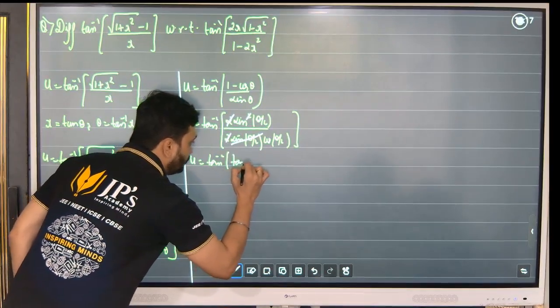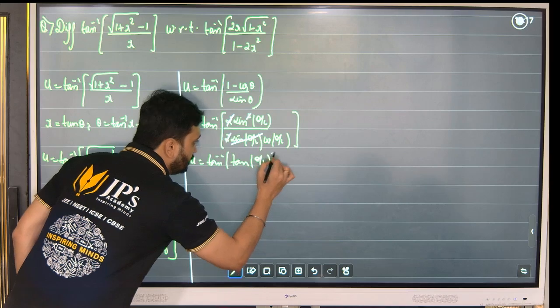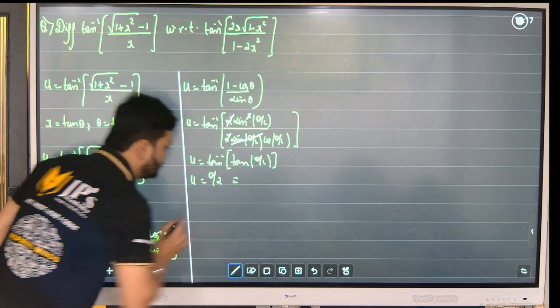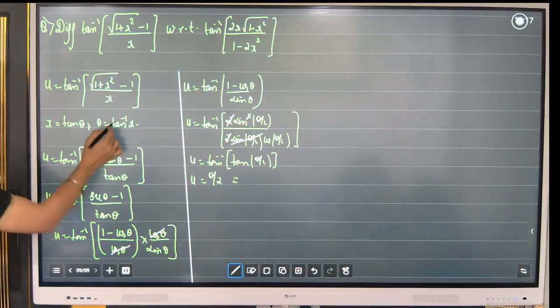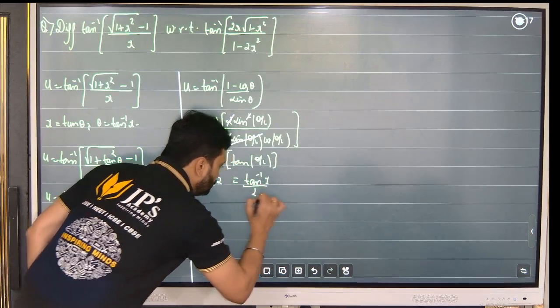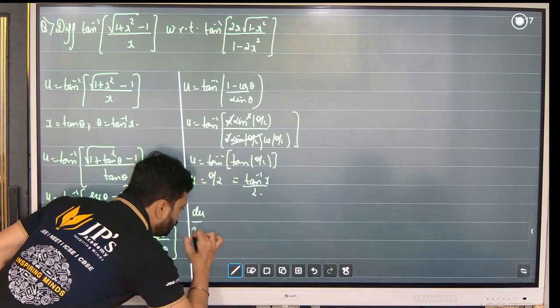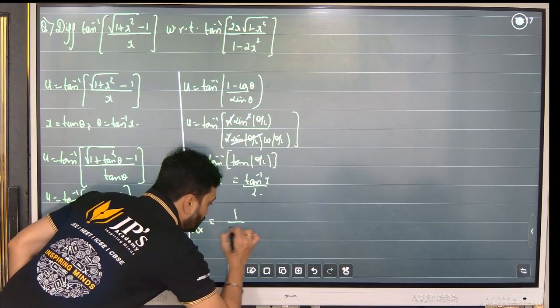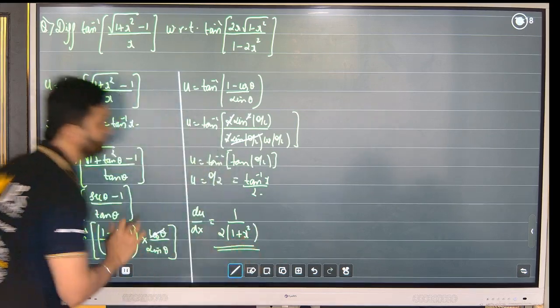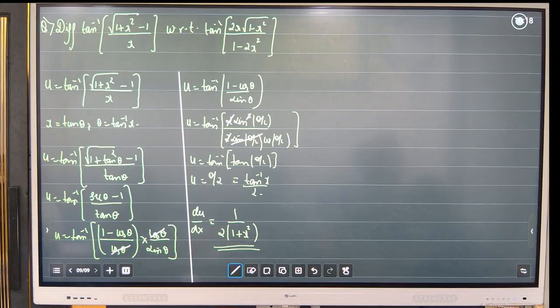Tan inverse of tan theta by 2. U is equal to theta by 2. What is theta value? Tan inverse of x, so u will become tan inverse of x by 2. And if I find du by dx, it will become 1 upon 2 bracket 1 plus x square. This is only u.